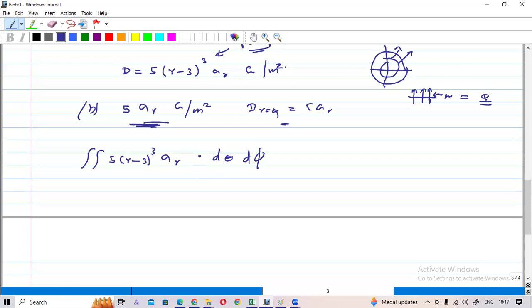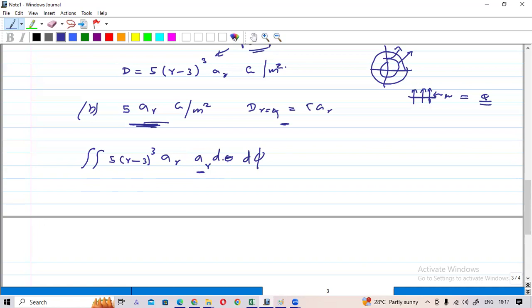The flux will be perpendicular to this surface, so aR is there.